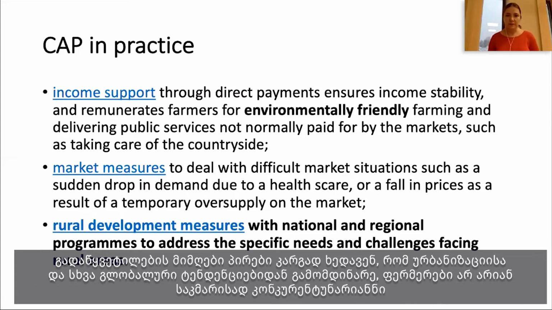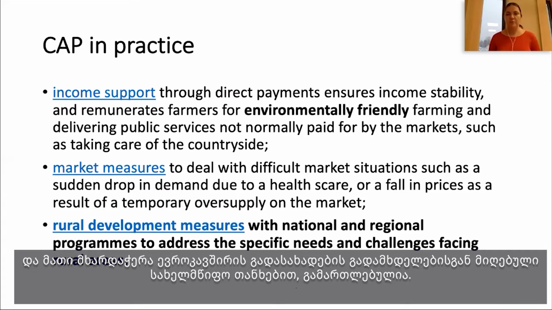It is clearly seen by the decision makers that the farmers, due to the urbanization trend, but of course due to some other global trends, are not competitive enough, and it's justified to support them with public money collected from the European Union taxpayers.